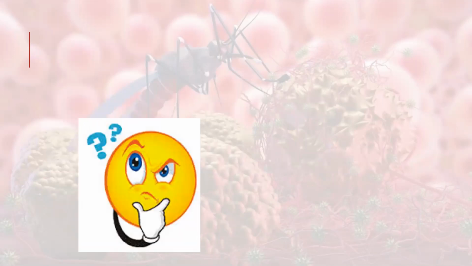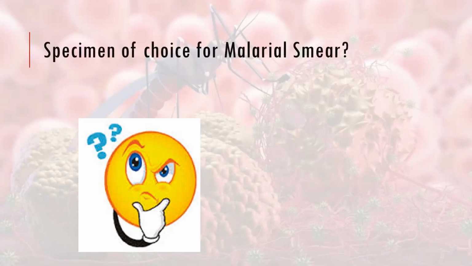Now, ang tanong, what is the specimen of choice for malarial smear? Eh di blood, peripheral blood smear eh. Yes, you are correct. But what blood? Finger prick blood. Abay, bakit naman finger prick blood? Eh, kasakit naman noon. Diba? Natatandaan ko pa eh, ang arayan ng mga estudyante kapag finger prick blood. Kasakit nga naman.